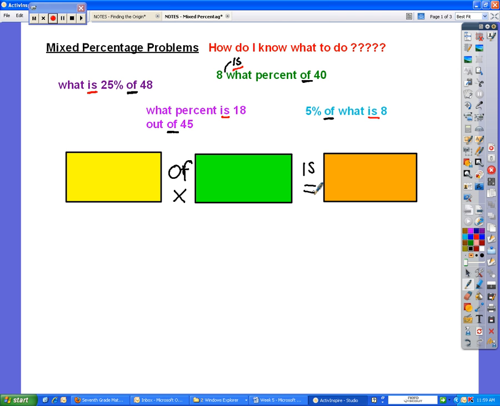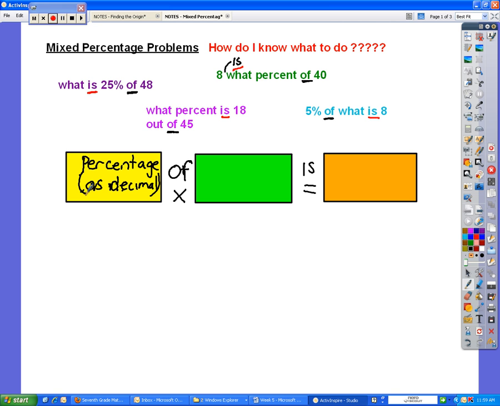Now we've got percentages and lots of numbers. So I'm going to put my percentage in this box here. Of course, when you're working with percentages, we need to always write them as a decimal.